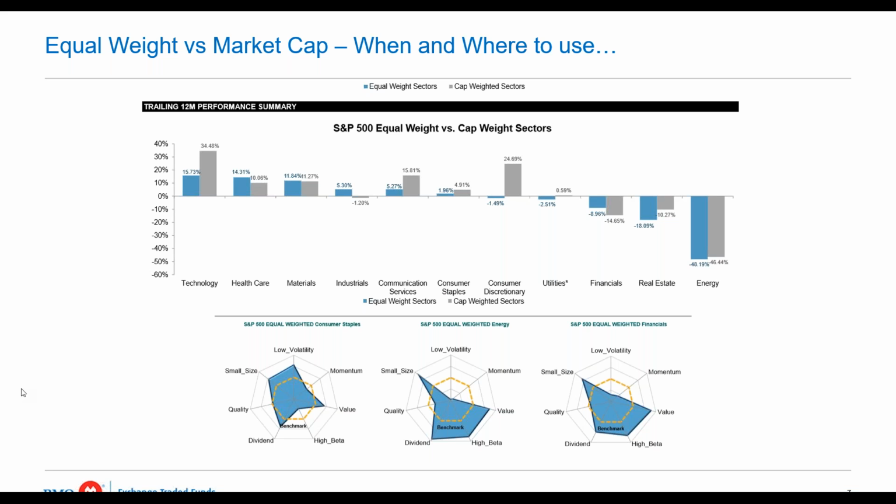But when you start to look at something more narrow, whether that's a sector or a section of the market, such as the banks or any particular sector, you really want to start looking at potentially other weighting schemes.